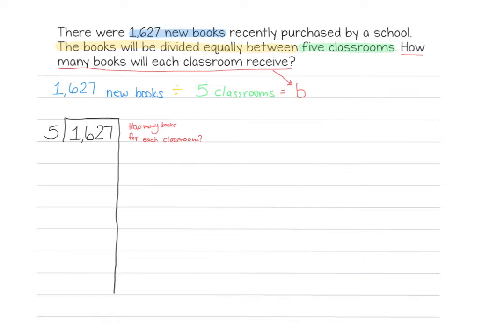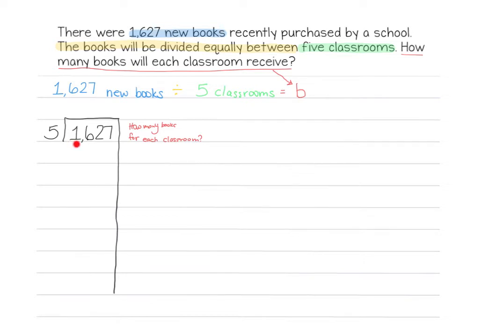All right, let's begin. We have to start in the largest place because we might need to regroup. So if we have 1,000, can we divide that equally into 5 groups? Yes, but it's hard.